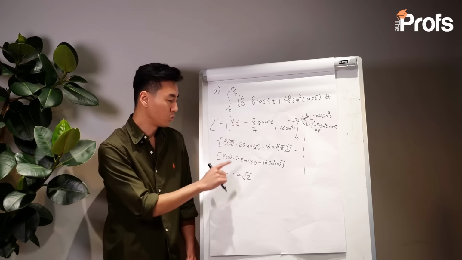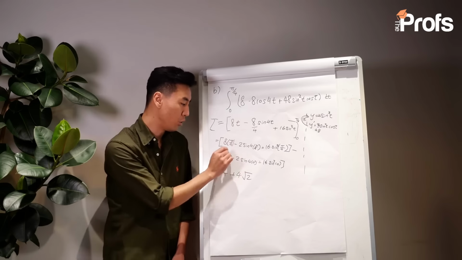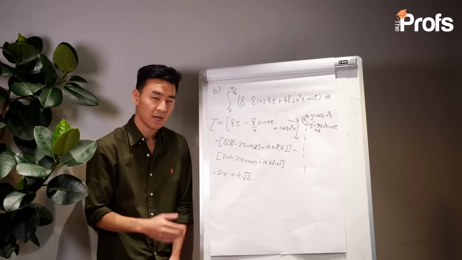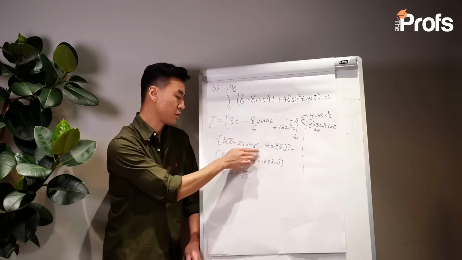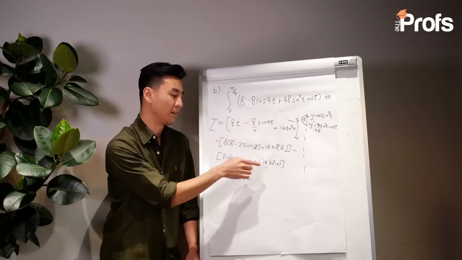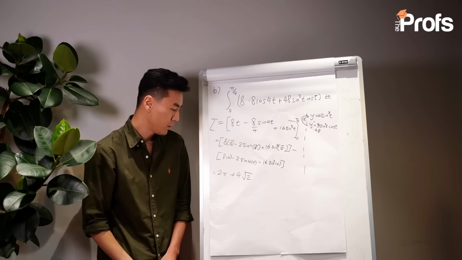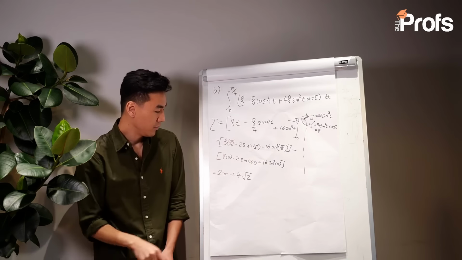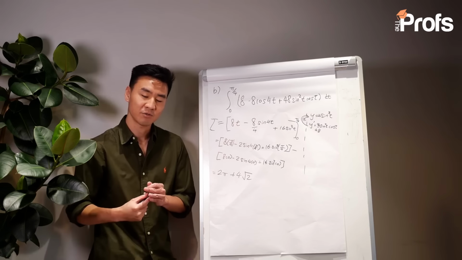And also, don't put long equations into the calculator, because all you have to do is make one little mistake and your whole answer will be wrong. Break it down. If you choose to do it, put this section in the calculator first, and then put this section in the calculator, instead of doing it in one go. So there we have it. That would be what you get if you put it in your calculator, and that's the exact answer for part B.